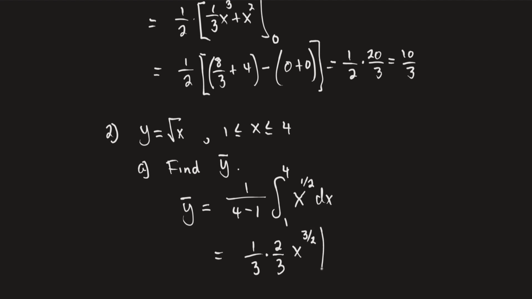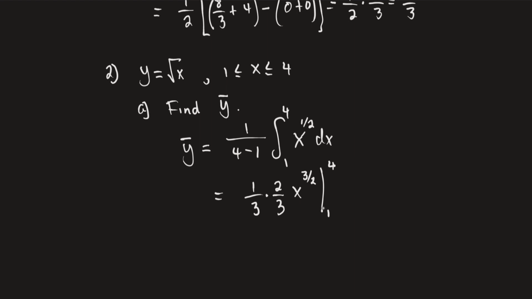And then this is evaluated at 1 and at 4, right? Now, the constant in front, we can simplify this product. It's 2/9. And then let's apply the second version of our FTC. So evaluate the antiderivative at x equals 4. If you plug 4 in, 4 to the 3/2, that's 8. And then 1 to the 3/2 is 1, so we have this.